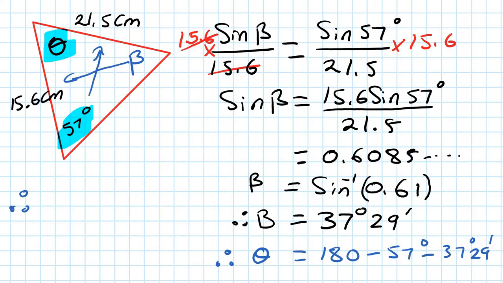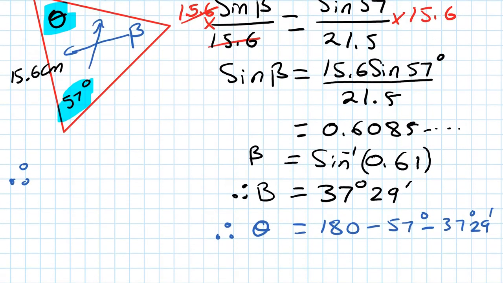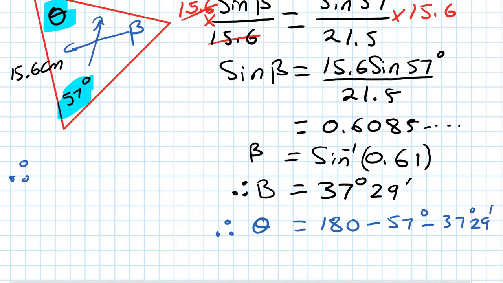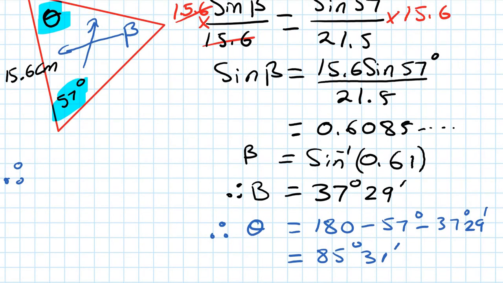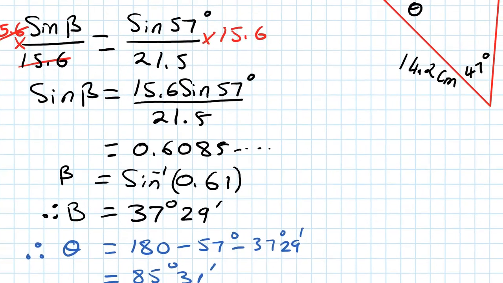Put this in the calculator, which gives me 85 degrees and 31 minutes. So that's what it is. Let's do one more question that's similar to this type of question, so let's move on to this.